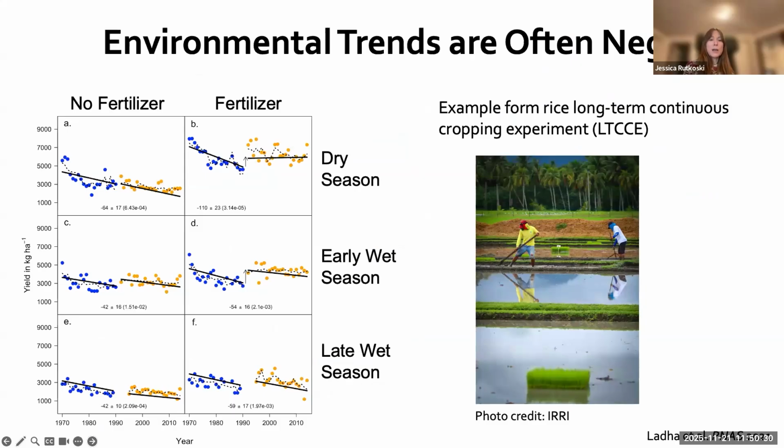Now, I want to just highlight a downside, or not a downside, but a reality that we always have to contend with, is that environmental trends are often negative. What that means is the environment is constantly putting downward pressure on yield. Not always, not in every environment, but in a lot of environments. And it may not just be for yield, it can be for other traits. So for example, in Illinois, we saw the environment was moving, test weight was getting worse in our check varieties.